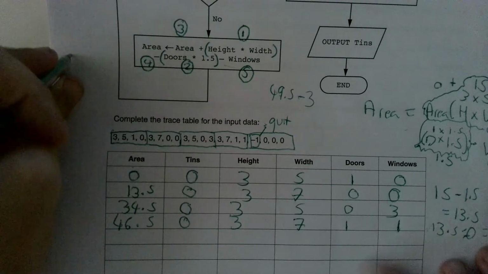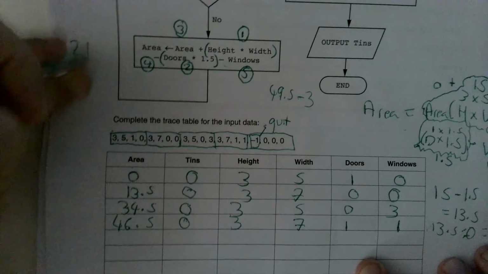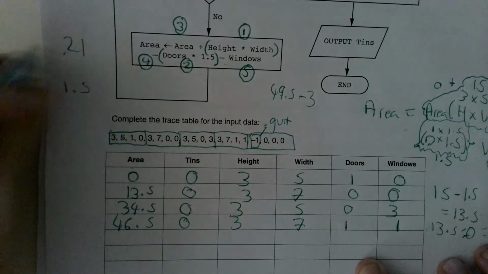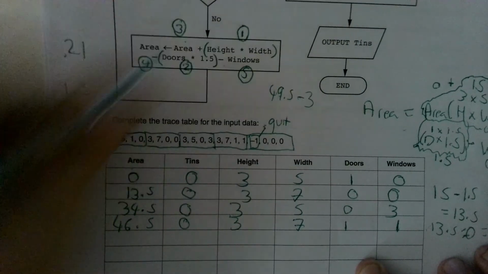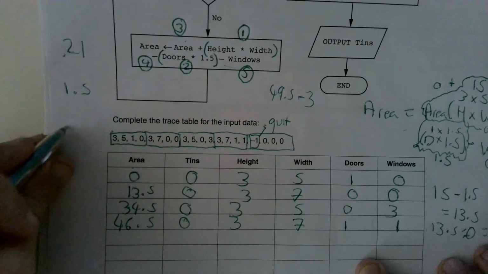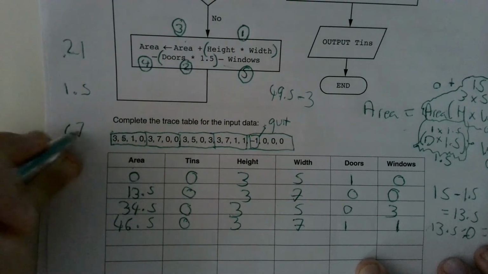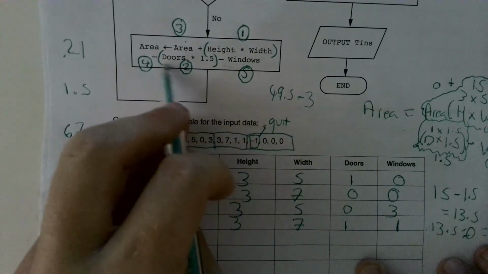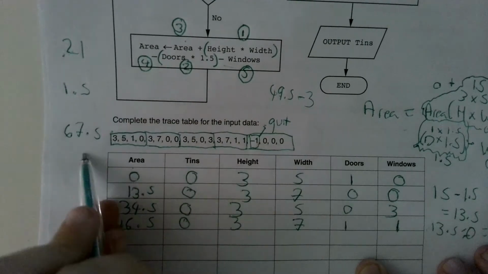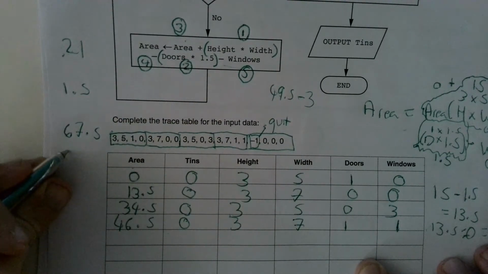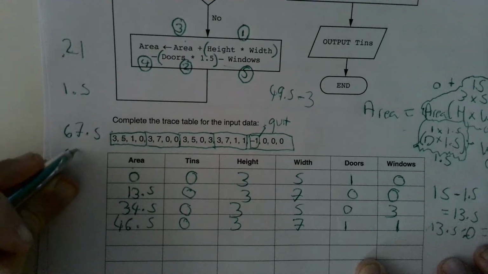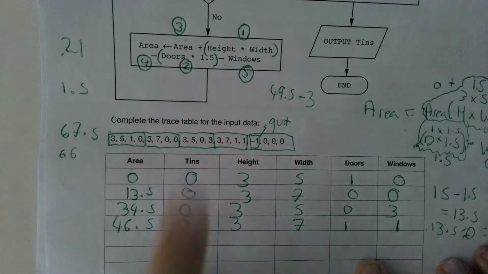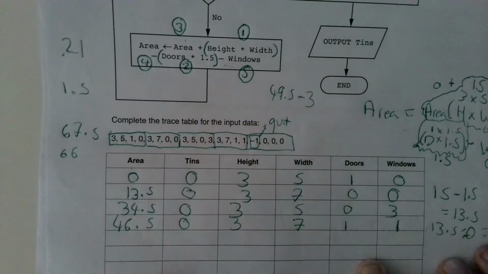We're going to add 21 to our current area, which is going to give us 67.5. We're then going to take away 1.5 from here, which is going to basically equal 66. Take away 1 from windows, which is going to be 65. So we've got 65 here. That's our new area after following these steps.